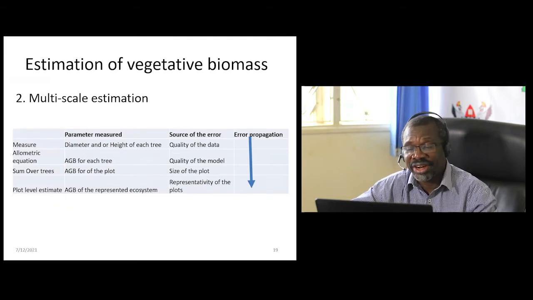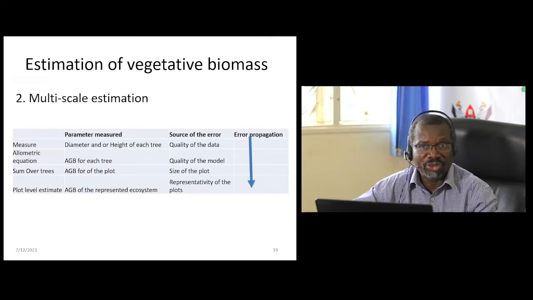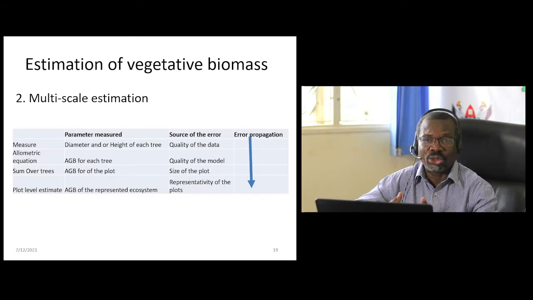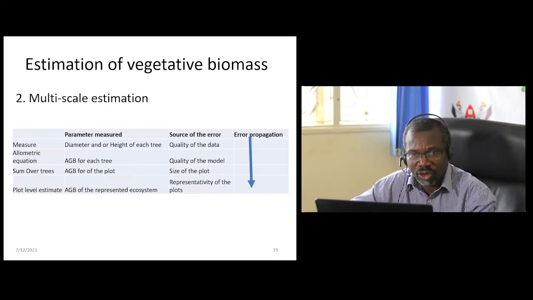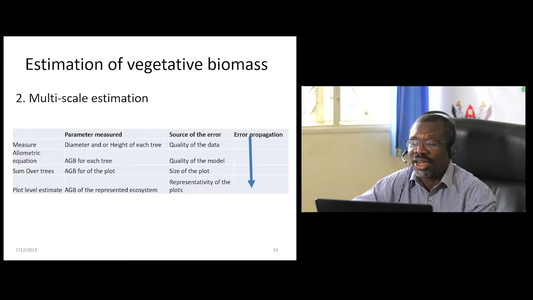This raises the issue of representation of the plots before the extrapolation is done. Are the plots used in the development of the allometric equation representative of the area where the estimation is going to be done?